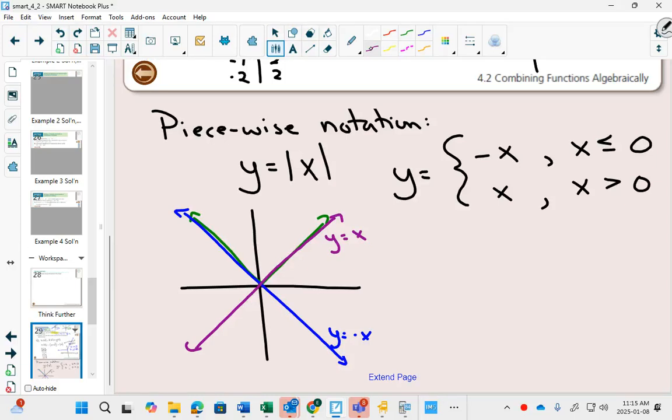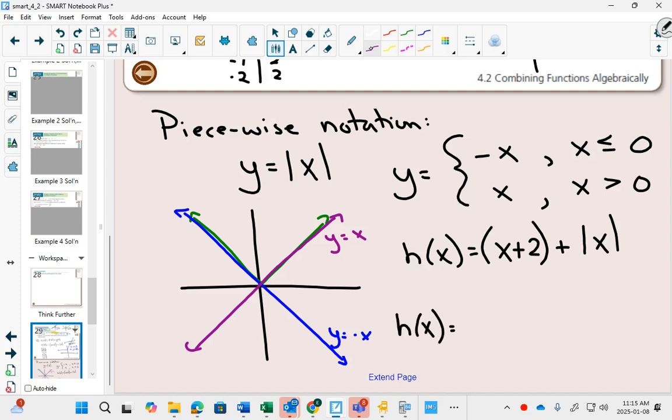So what does that mean for h of x? Originally we had h of x to be x plus 2 plus the absolute value of x. But since this is a piecewise graph that switches, if I chose x less than or equal to 0, then the absolute value of x is actually equal to negative x, and the equation would become x plus 2 plus a negative x.